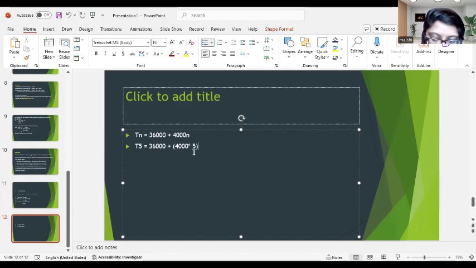Then what is the answer? Okay, 36,000 plus 20,000, right? So the final answer is 56,000. I hope you can understand how to solve this, right?